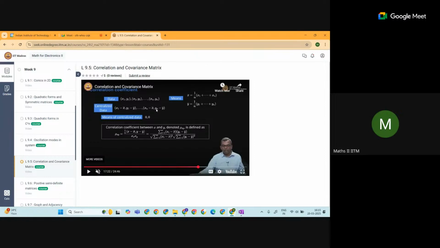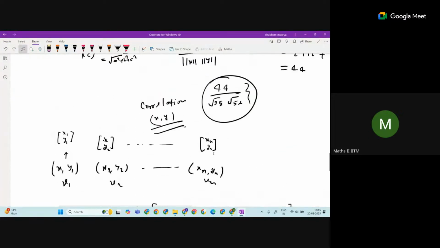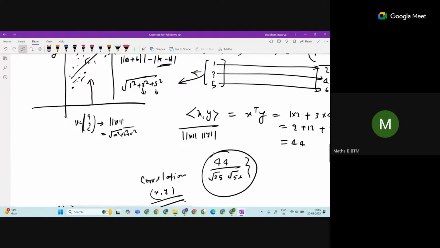Find the correlation between the centralized data, meaning use that formula, the inner product between them divided by sigma. This is a small updated formula, but telling about the same thing, only with the mean subtracted.